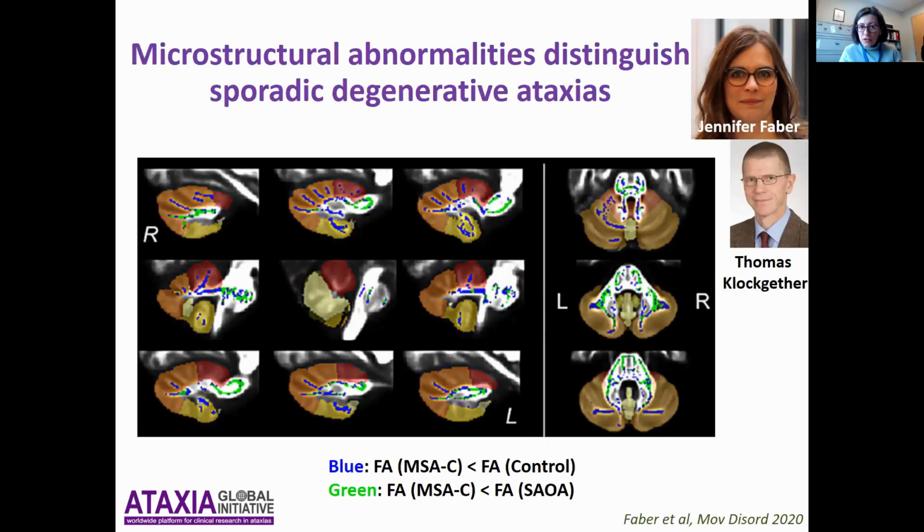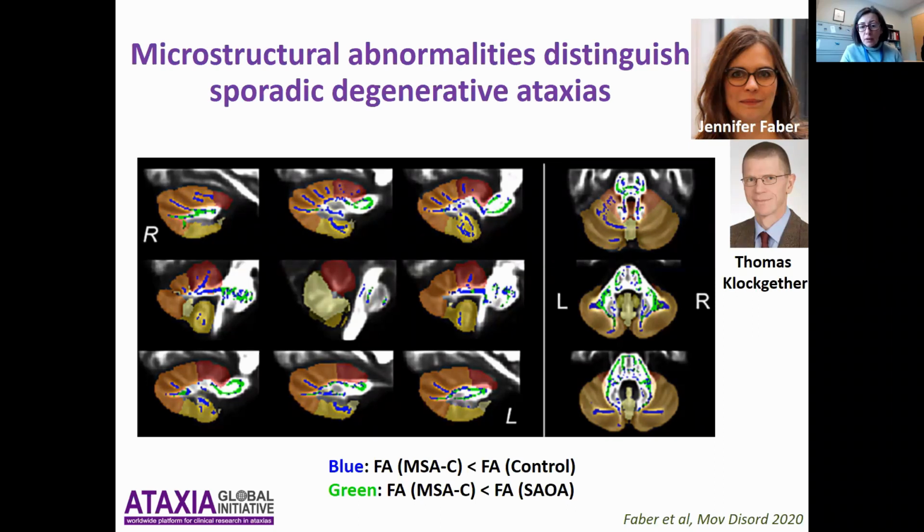Continuing in the microstructural abnormality path, this is an example from one of our co-hosts here, looking at sporadic ataxias, in which case the diagnostic uncertainty is great early on. MSA-C has a lot of autonomic dysfunction, but that may not be present early on when the ataxic symptoms start to show up. And you want to know where these patients are going, because MSA-C has a much more severe prognosis.